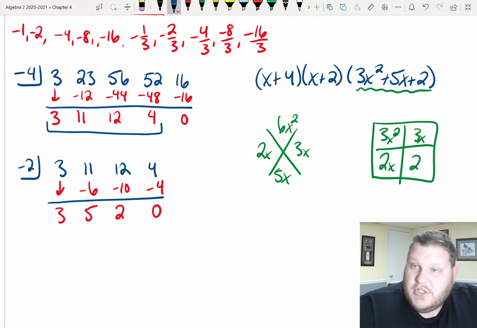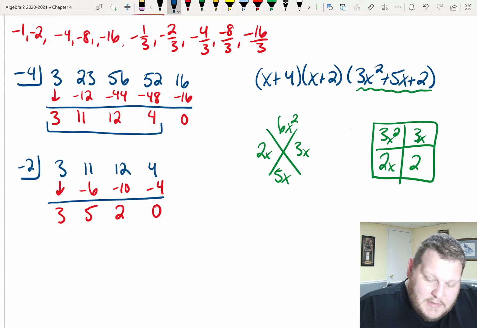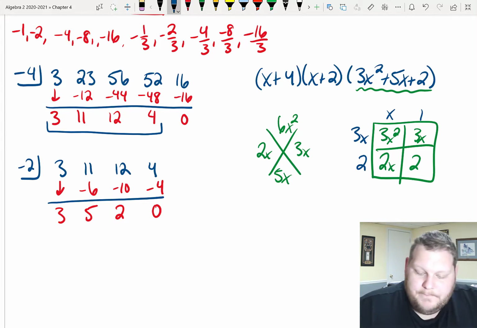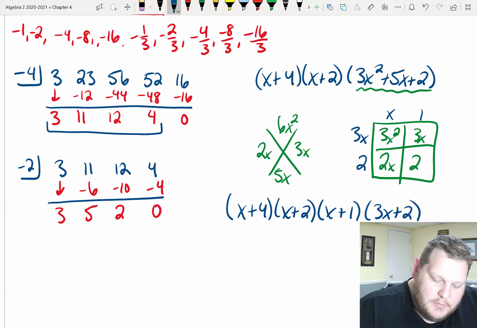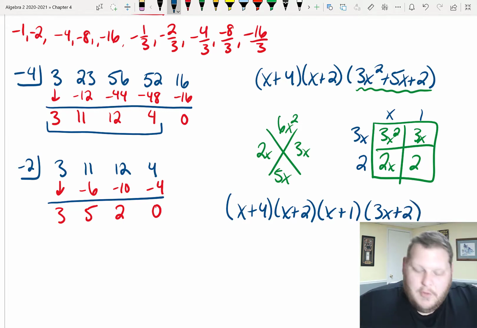So then looking at my GCFs to factor out my box, 3x in common here, which means this has to be an x, which means this has to be a 2, and this has to be a 1. So all the way factored out, we have x plus 4, x plus 2, x plus 1, and 3x plus 2. So I've got those 4 factors.